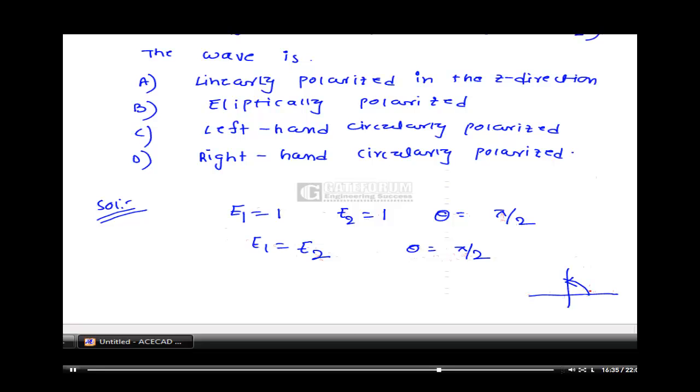If you are rotating like this, it comes towards the left hand side. So we can easily say that it is a left handed circularly polarized wave. So option C is correct. Generally in the examination we can expect this type of questions from the polarization concept.